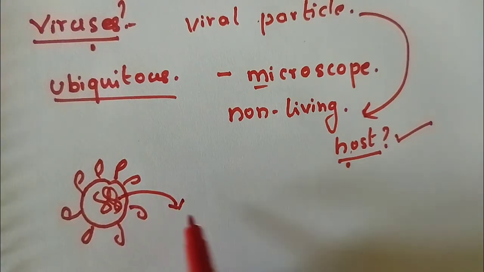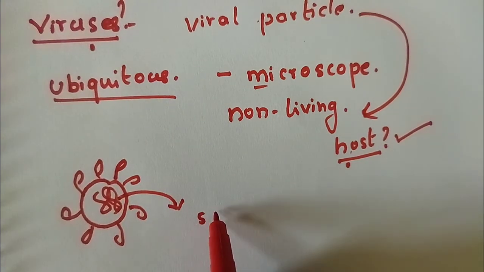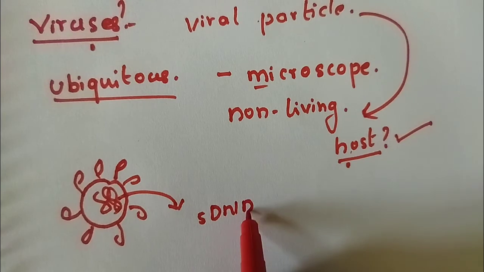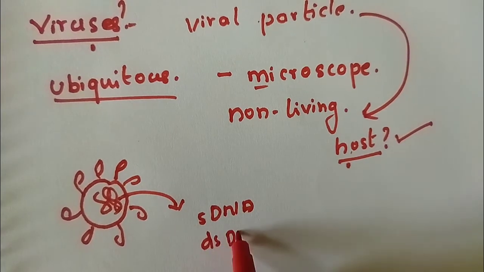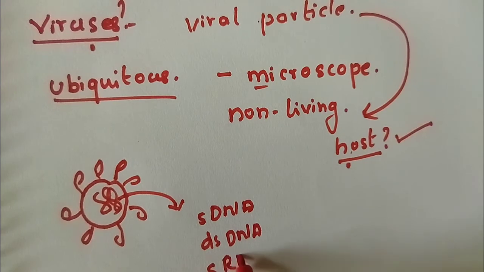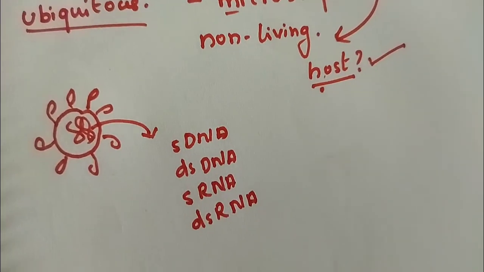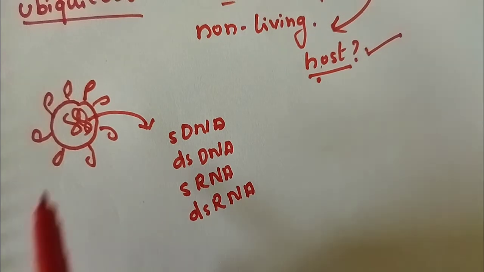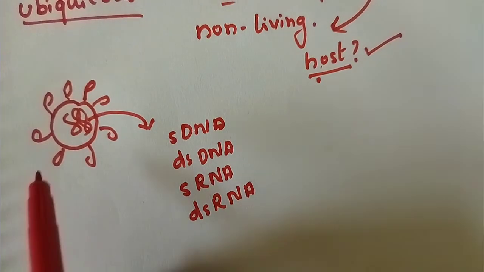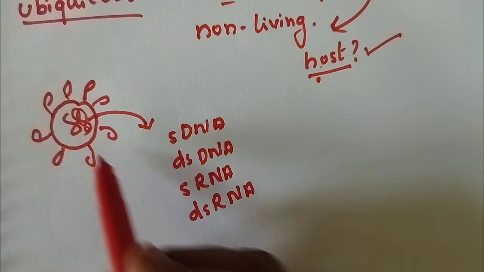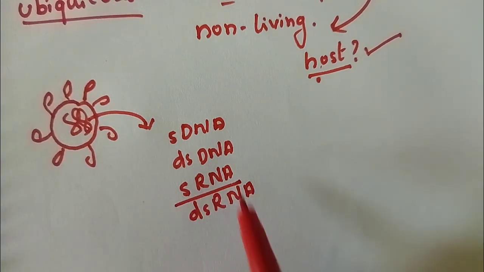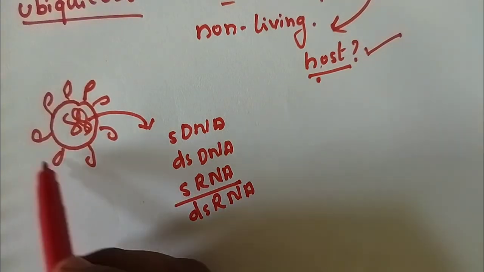Here the genetic material will be single-stranded DNA, double-stranded DNA, single-stranded RNA or double-stranded RNA. The coronavirus has single-stranded RNA.